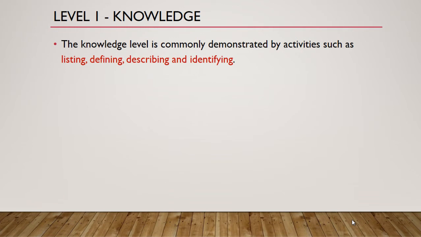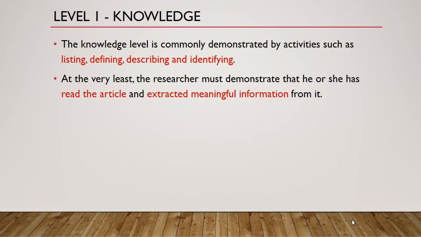The knowledge level is commonly demonstrated by activities such as listing, defining, describing, and identifying. At the very least, the researcher must demonstrate that he or she has read the article and extracted meaningful information from it.